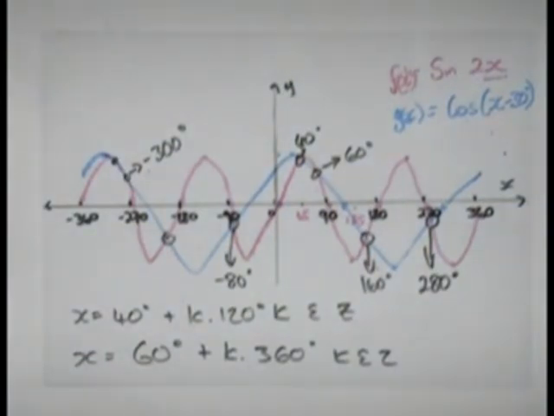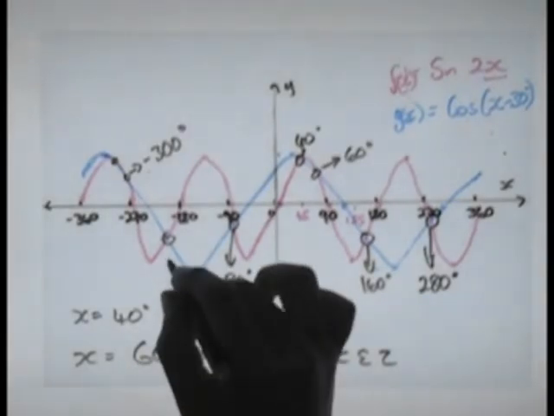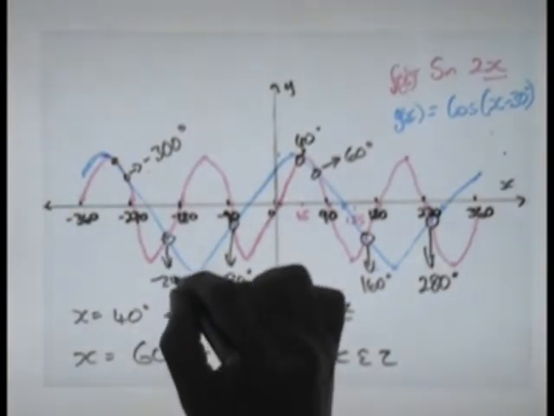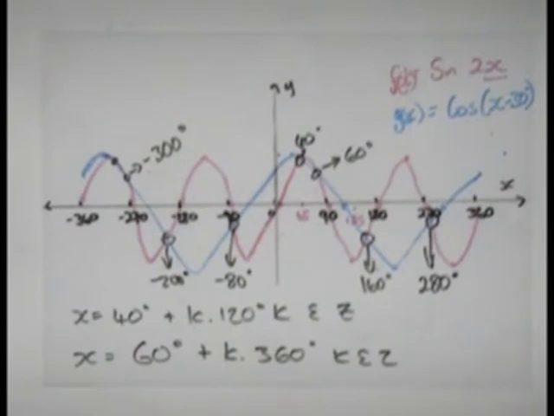When k is equal to -2, that's going to be -240 degrees. 40 degrees minus 240 degrees is going to give me -200 degrees. And those are all of my points of intersection.